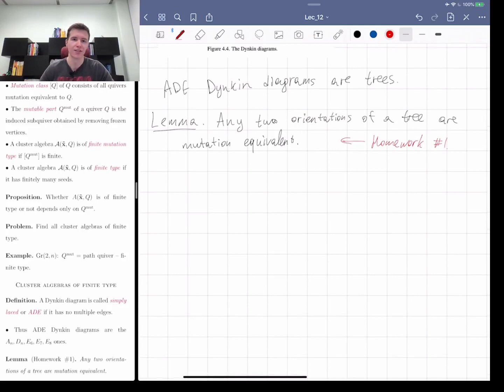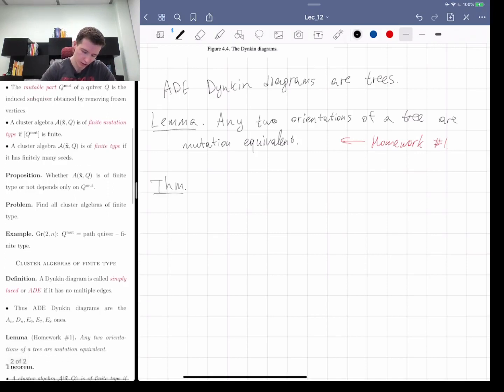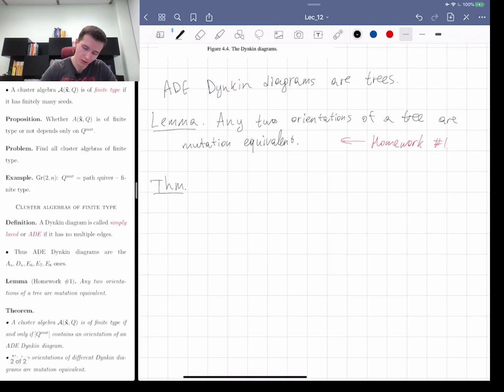Yeah, I guess I am ready to state the theorem. So now hopefully you see why I have been talking about root systems for no reason. Theorem: cluster algebras of finite type correspond to ADE Dynkin diagrams.